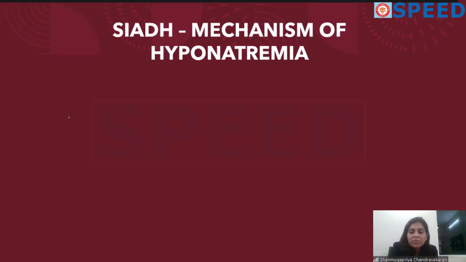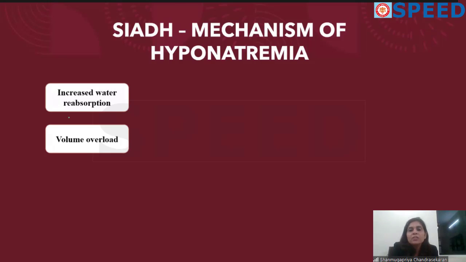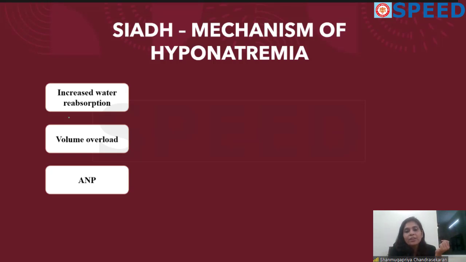It is because whenever vasopressin is increased, there is increased free water reabsorption, and whenever there is volume overload, atria get stretched. And atrial stretch receptors release atrial natriuretic peptide. Okay, not just that. Whenever there is volume overload, what happens to JG apparatus?